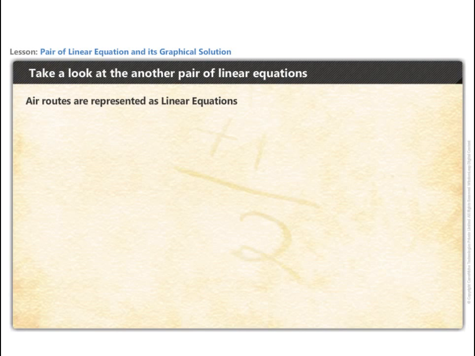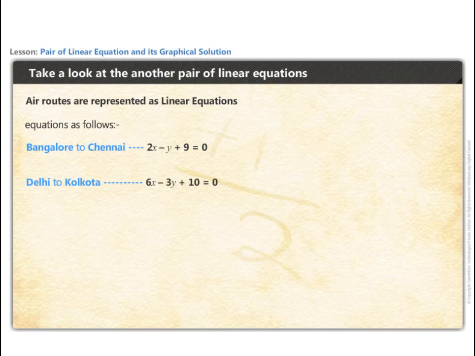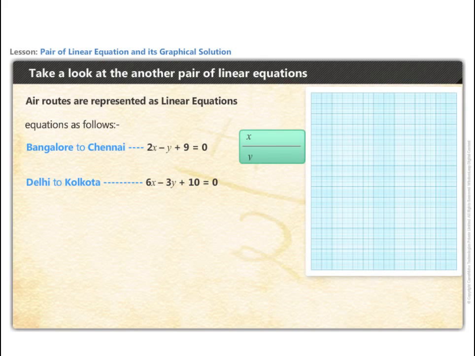Here, the air routes are represented by the linear equations 2x minus y plus 9 is equal to 0 and 6x minus 3y plus 10 is equal to 0. The solution to each of the equations is tabulated in the table given below.